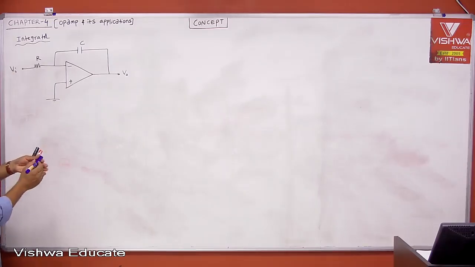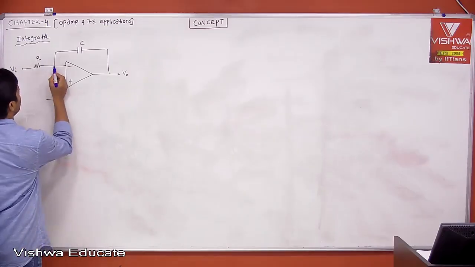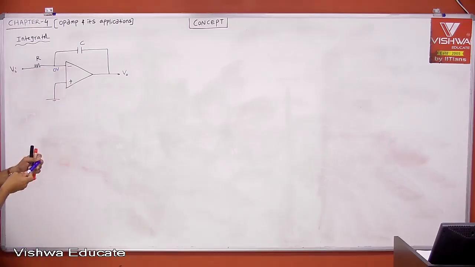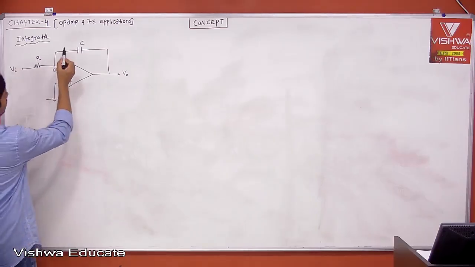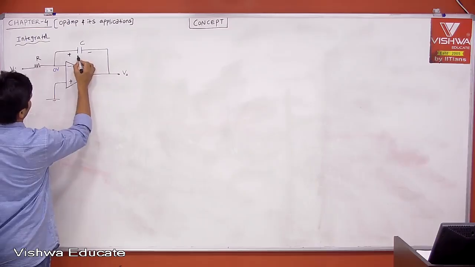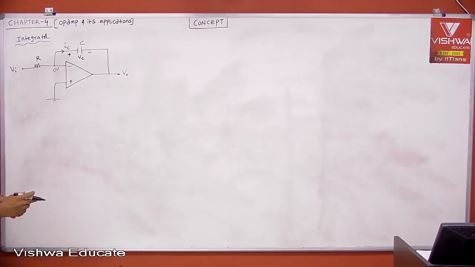Now for non-zero frequency input signals, let's see, the virtual ground concept is valid. If the virtual ground concept is valid, right, tell me this is 0, what is the voltage? This is also 0. Then if you do nodal analysis, let us say the voltage across the capacitor is Vc, and the current flowing through the capacitor is, let us say, Ic, right?